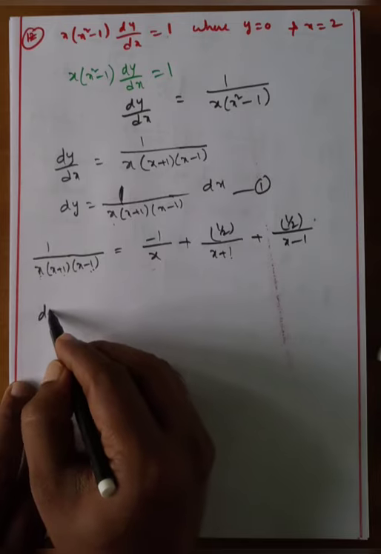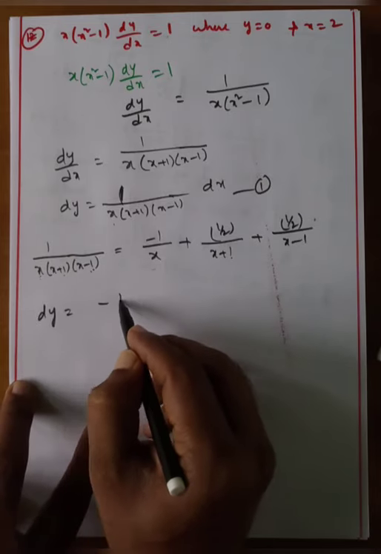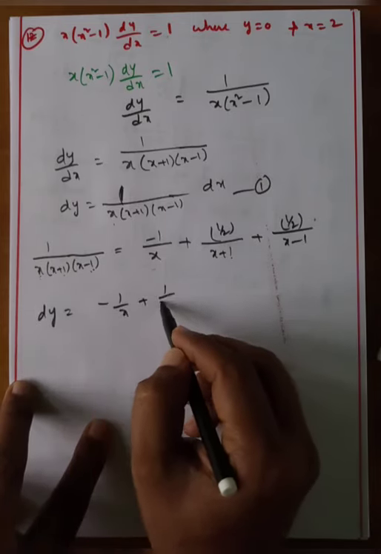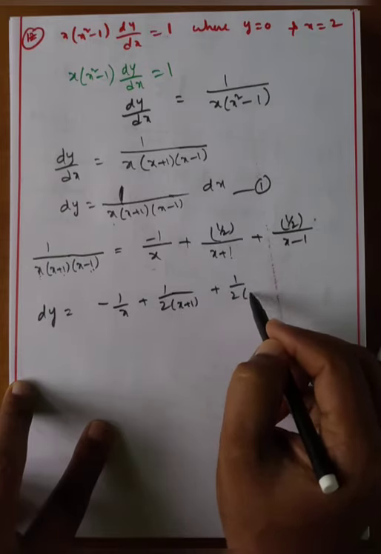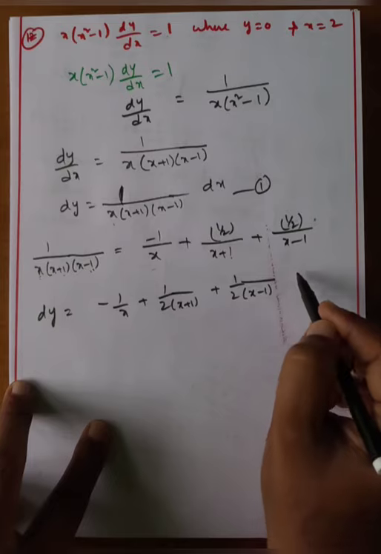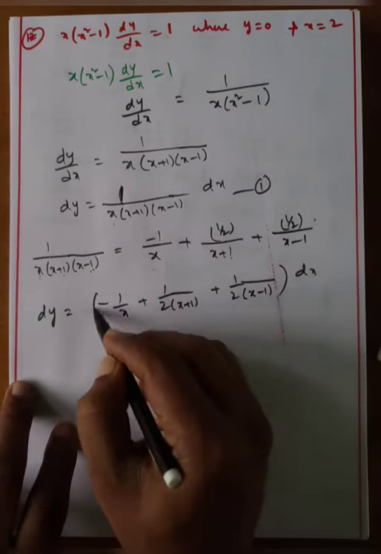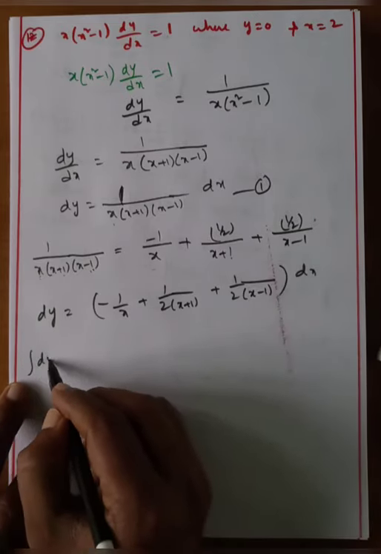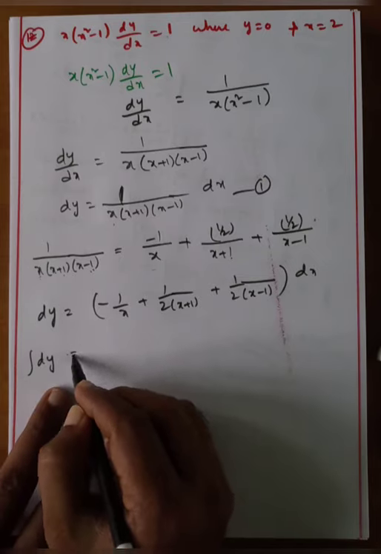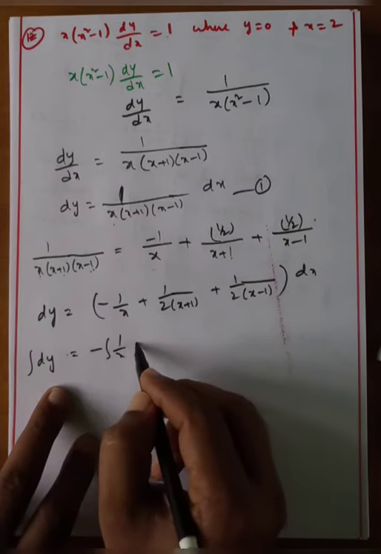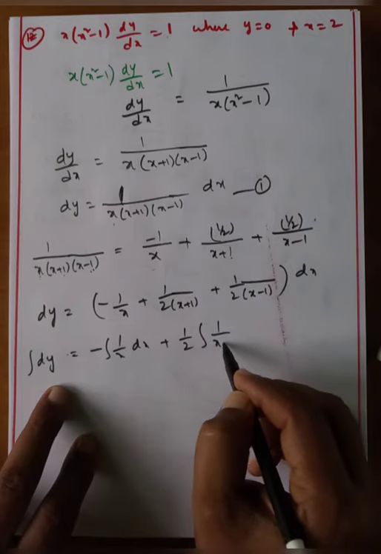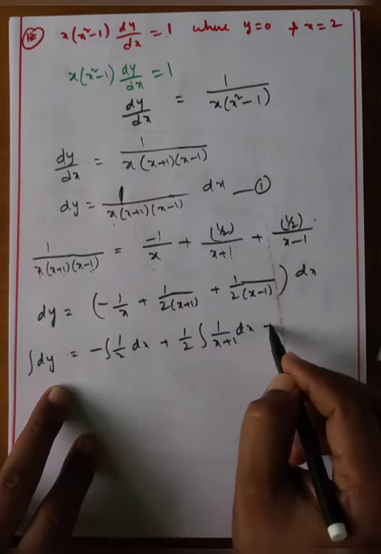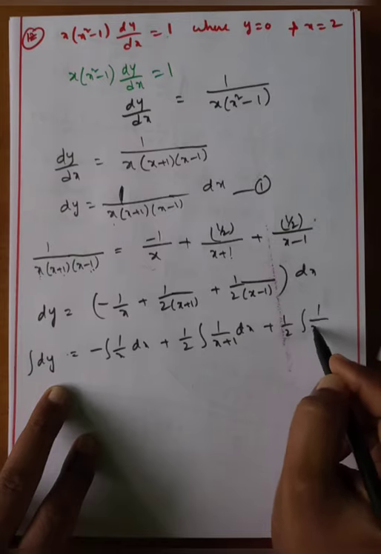Now we substitute these values here. dy is equal to minus 1 by x plus 1 by 2 into (x plus 1) plus 1 by 2 into (x minus 1) dx. Now integrating on both sides, the integral of dy is equal to minus the integral of 1 by x dx plus 1 by 2 into the integral of 1 by (x plus 1) dx plus 1 by 2 into the integral of 1 by (x minus 1) dx.